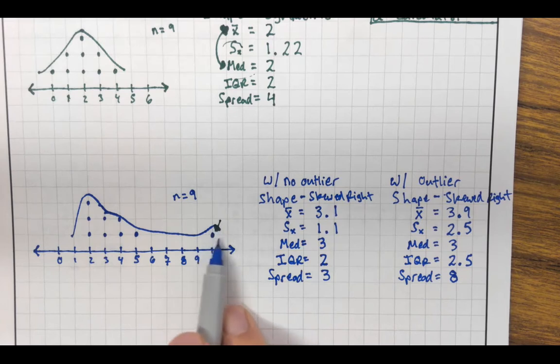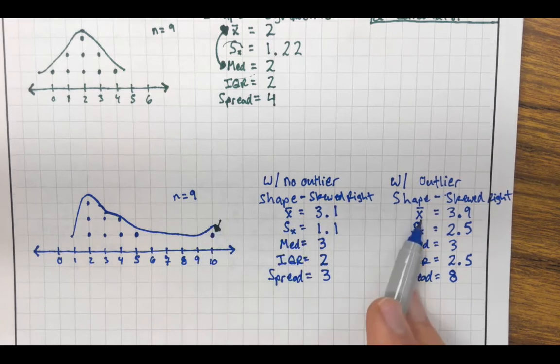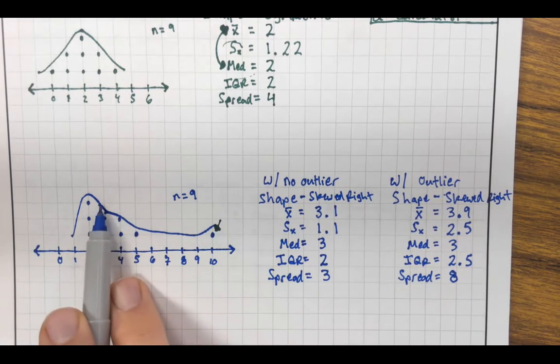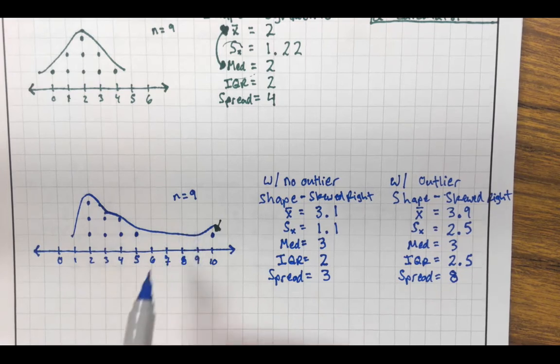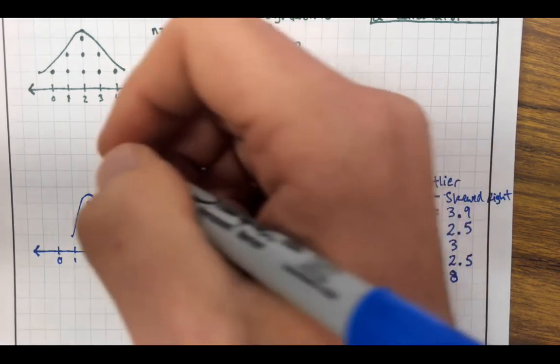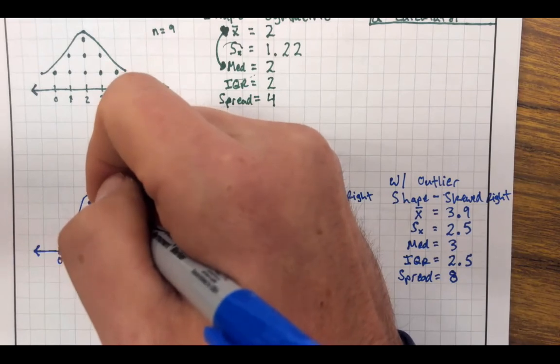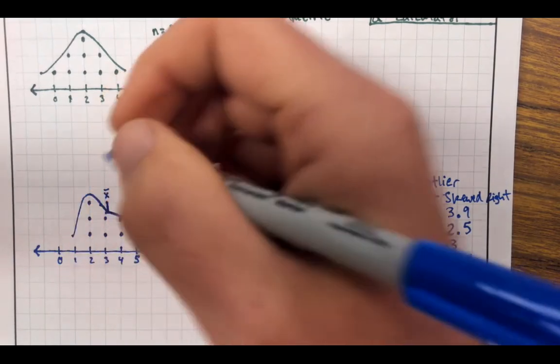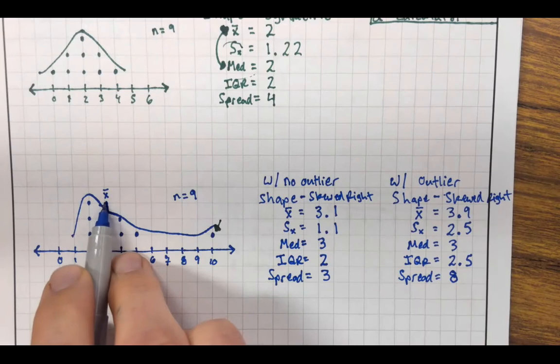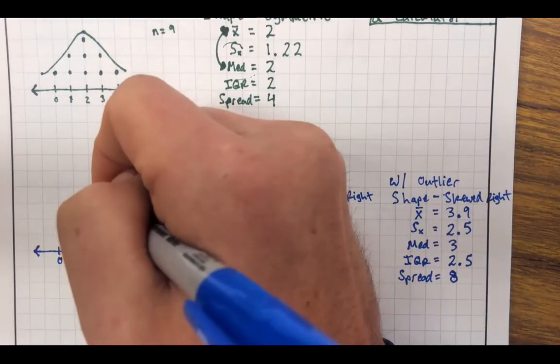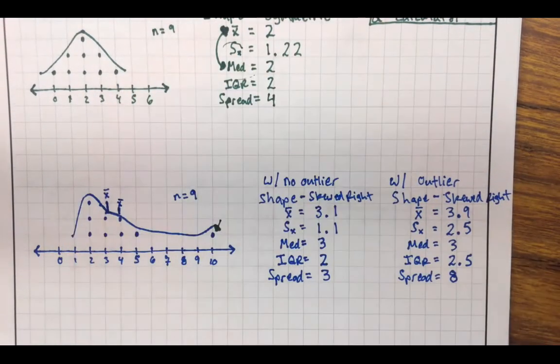It resists the pull that outliers have. The mean, on the other hand, absolutely gets dragged in that direction. So instead of my x-bar being really close to the 3, this outlier dragged it all the way to 4, or pretty close to 4 anyways, right?